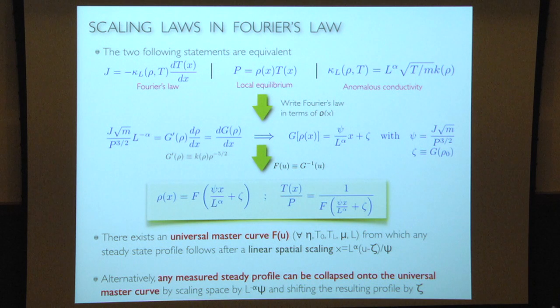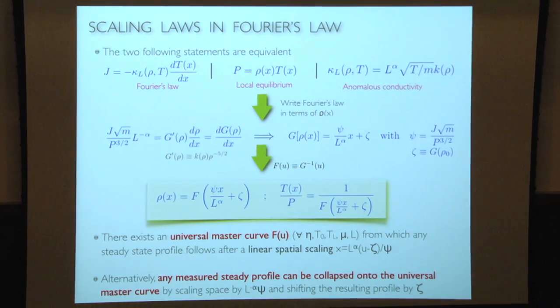But you can also go the other way around, because this is in fact an equivalence. If this holds, then you can very easily prove using the same arguments that these three equations should hold. So if I have a model where I measure density and temperature profiles, and I find this type of scaling, then I would prove these three equations.